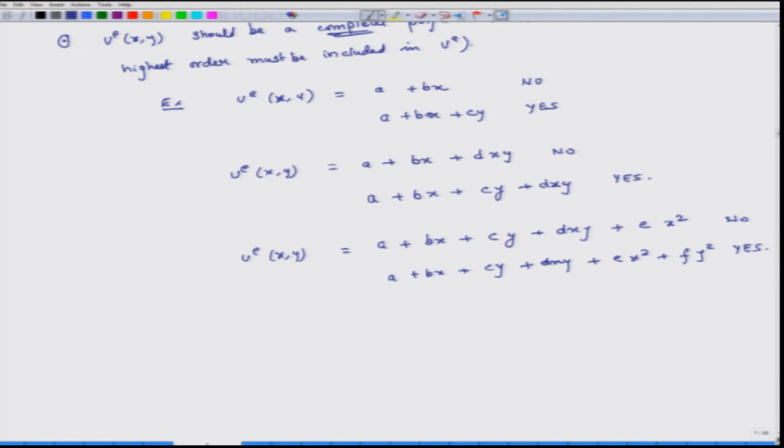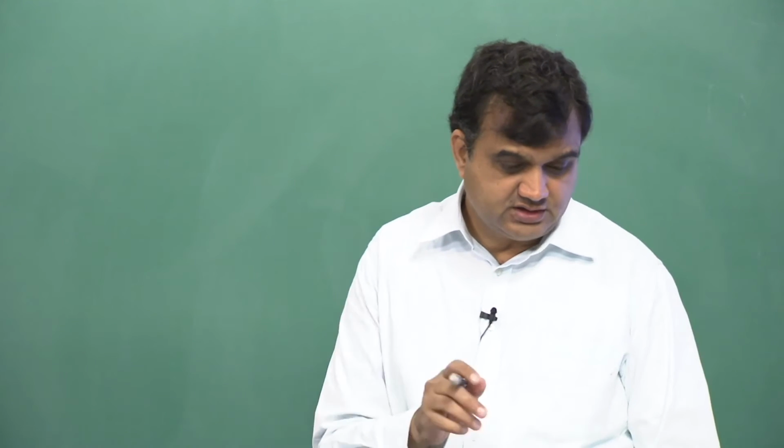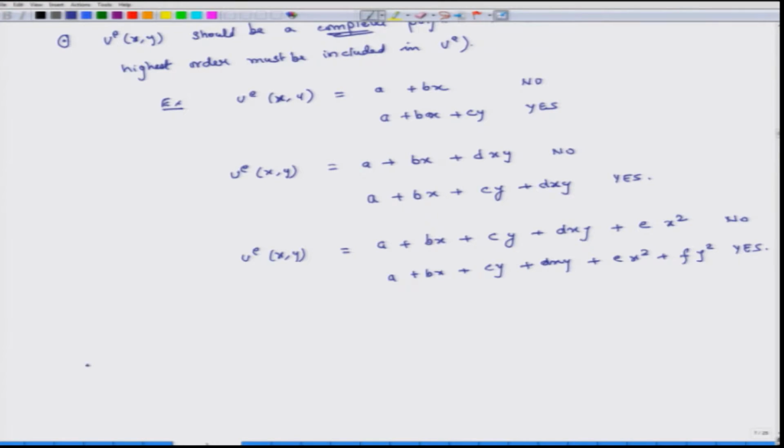Okay. So, it has to be a complete polynomial, otherwise our results will be inaccurate because they will be skewed in one particular dimension strongly, right. So, that is there. The third thing is that all polynomial terms should be linearly independent.